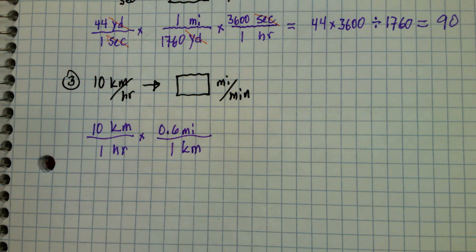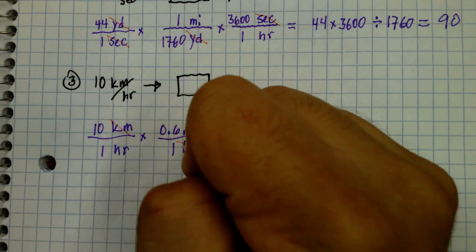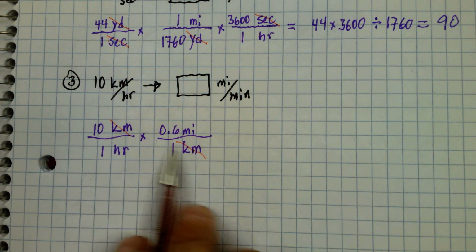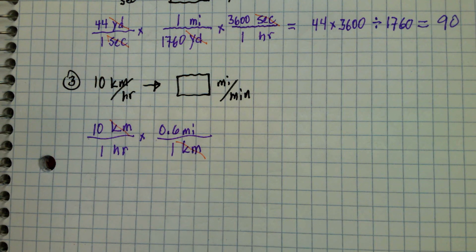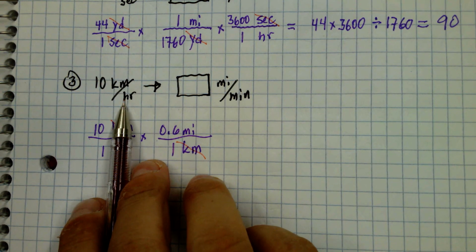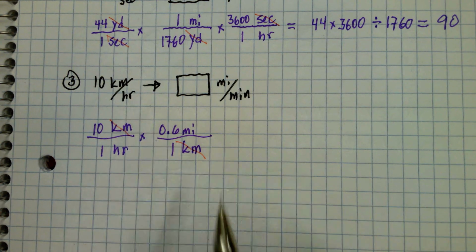So does that take care of our distance units? Well, we want to go from kilometers to miles, so that takes care of our distance. What else do we have to convert? We have to convert the hours. Yeah, we got to go hours to minutes.